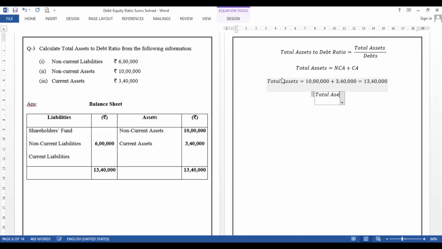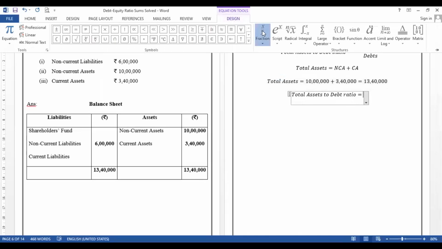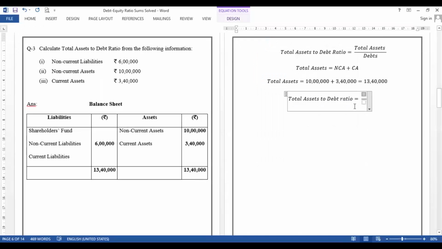After that, let us place the values in the formula. Total assets to debt ratio will be equal to, we know the formula, total assets upon debts. So total assets can be seen as 13,40,000 and debts is rupees 6 lakh. So 13,40,000 divided by 6 lakh, the answer will come to 2.23:1.